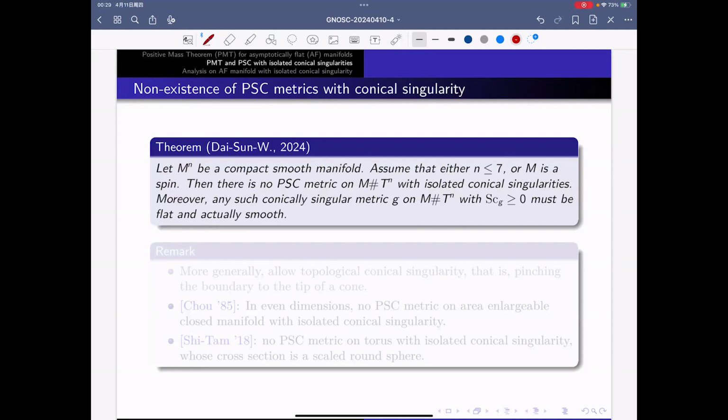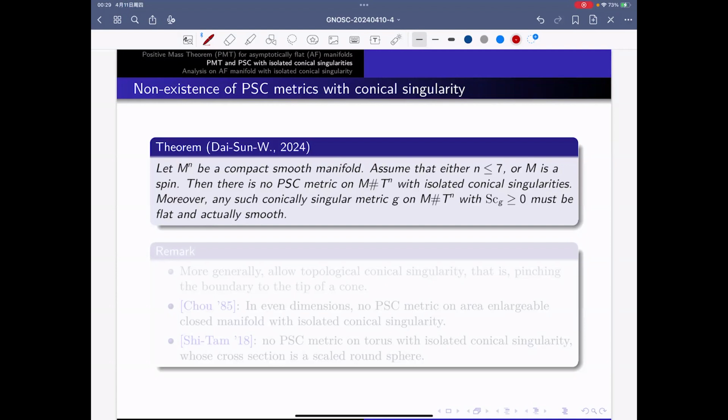Right. So then the connected sum of M with a torus does not admit a positive scalar curvature metric with oscillating conic singularities. And we also have a rigidity result. It says such a conically singular metric with non-negative scalar curvature must be flat, and so it's smooth.